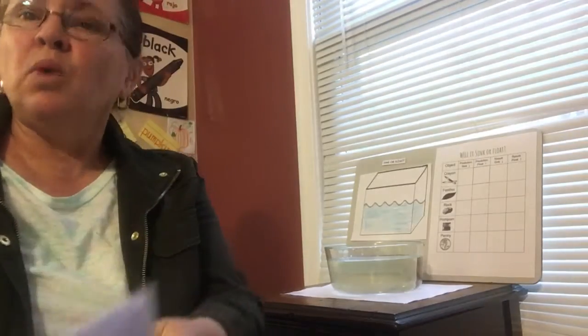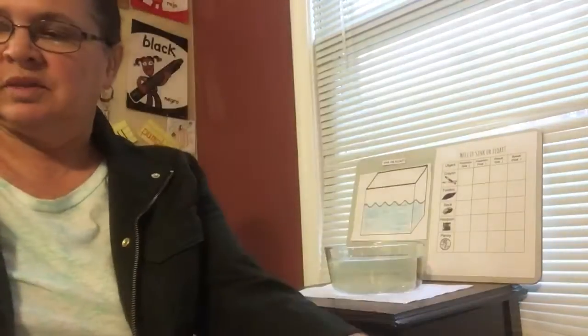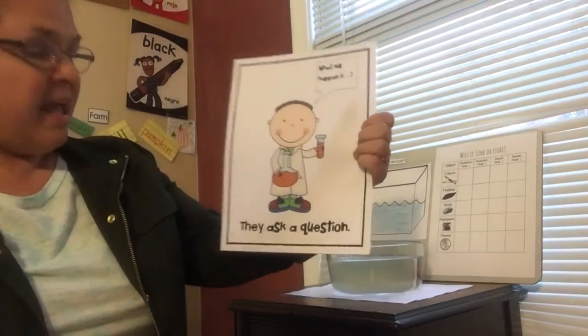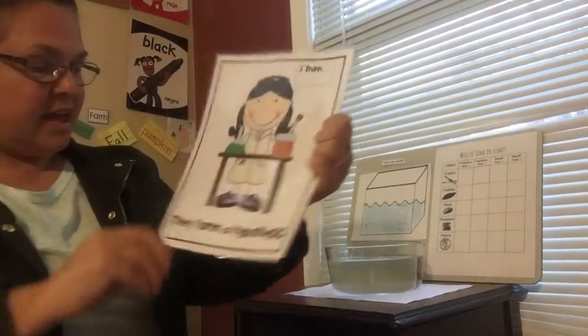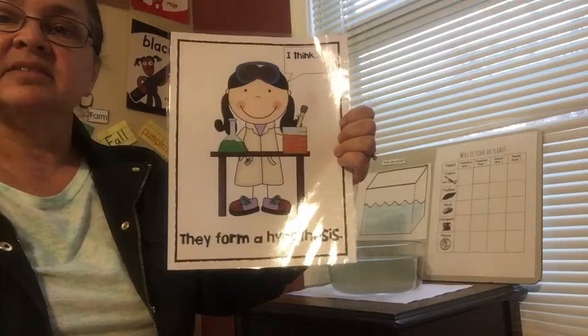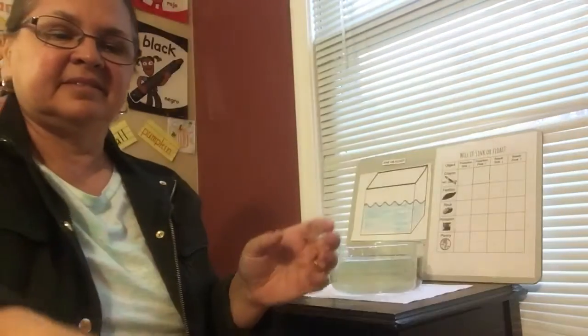Now, what is a scientist? What do scientists do? They ask a question. First, they say, what will happen if? Then they form a hypothesis. They say, I think something will happen.